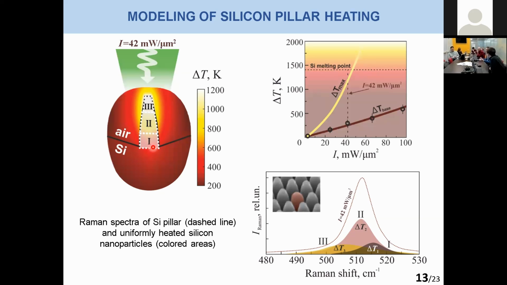Partially, probably, it answers Maxim's question, which is dependent. There is more material, but it also depends on the focus. But you didn't try to play with the focal spot, like refocusing, making a kind of Z-scan? Yeah, we could. So I see your point.